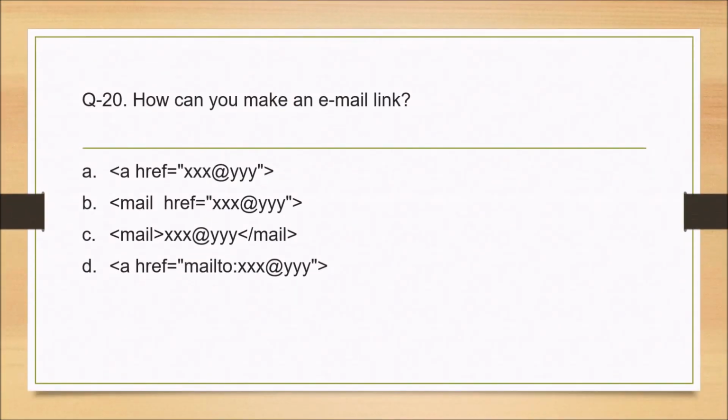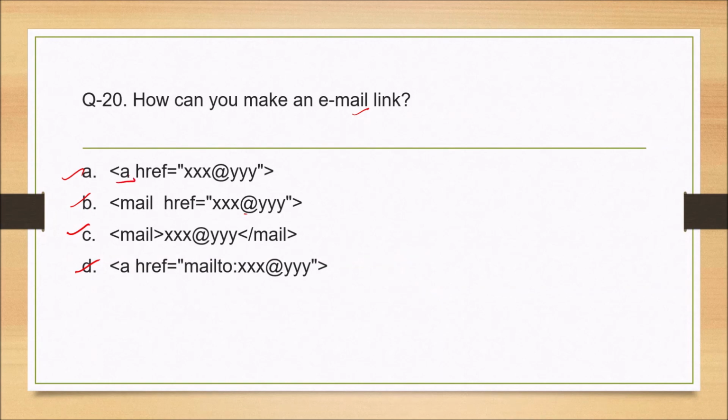Next question is, how can you make an email link? Here we have 4 options, and in only 2 options you can see we have the anchor tag. In B and C you don't have the anchor tag. So you can eliminate these 2 options, and then you can choose the correct option by checking the syntax.